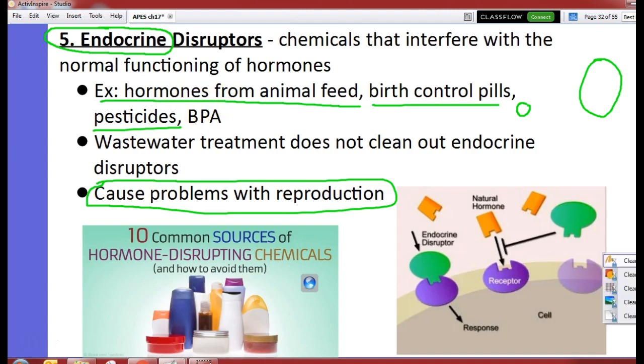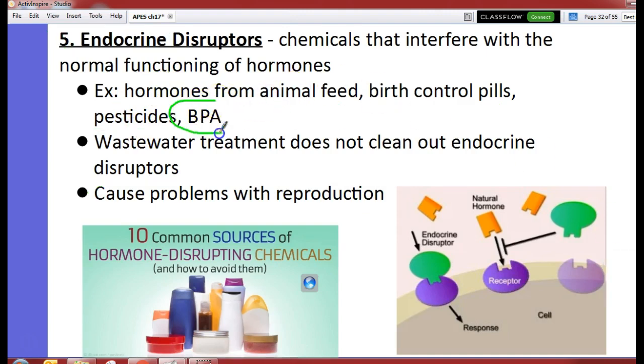And then BPA. Where have you seen BPA? Where do you see BPA free? Water bottles, right? So they found that BPA in high quantities can disrupt your hormones. And BPA is what gets leached from the plastic in bottles over time. Okay, and that's why your water bottles say BPA free. So here's the problem.